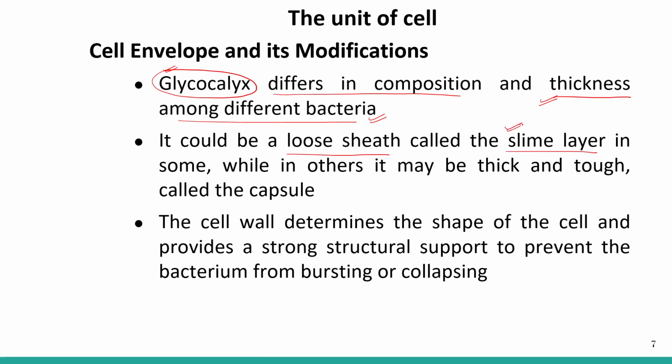Sometimes the glycocalyx layer is called a slime layer when the sheath is loose, while in others it may be thick and tough, and that is called a capsule. Here the capsule layer is quite thick. It is not a thin layer like the loose sheath called a slime layer. But both are types of glycocalyx.